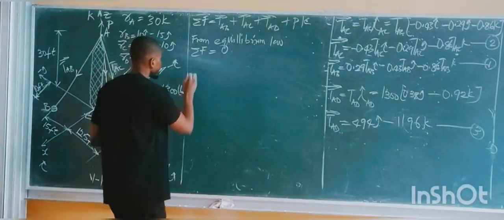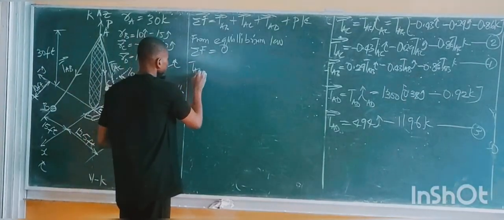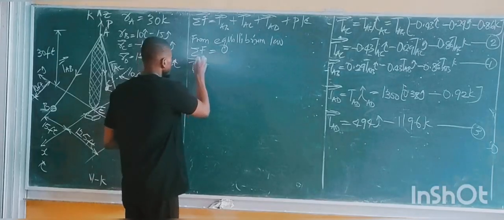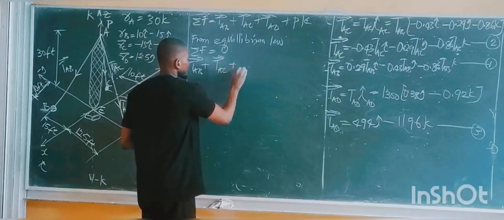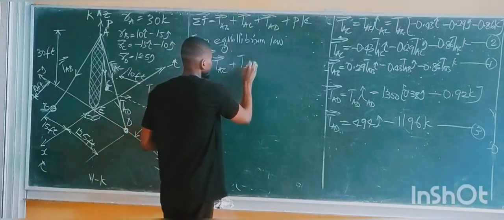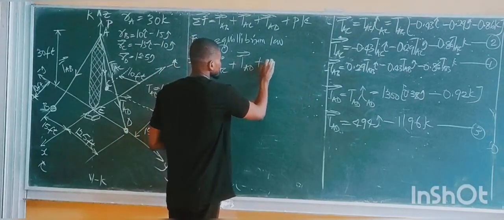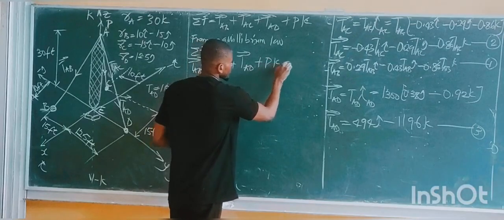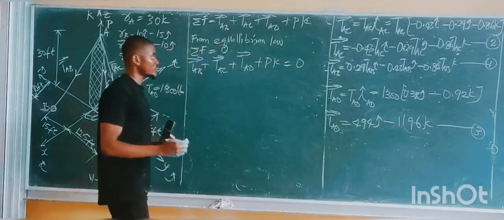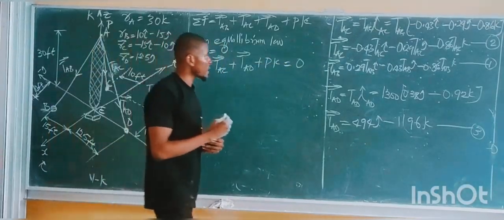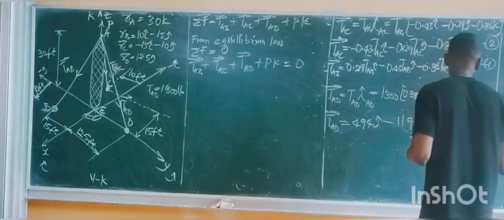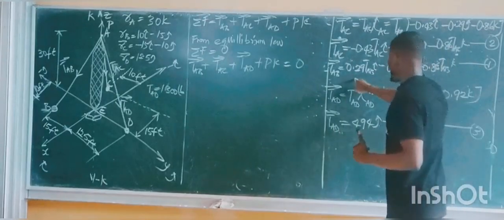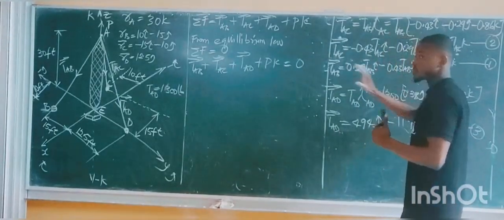That simply means tension in cable AB plus tension in cable AC plus tension in cable AD plus PK must be equal to 0. Now, from equation 1, we have the tension in AB, so we'll bring the values of these tensions into the formula.